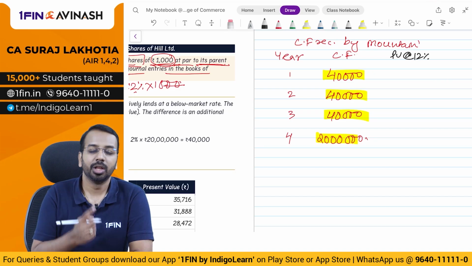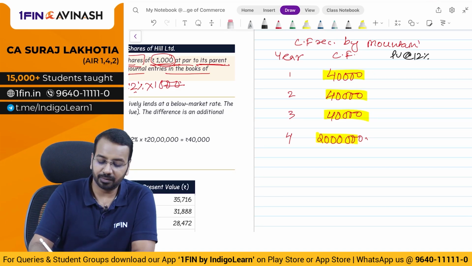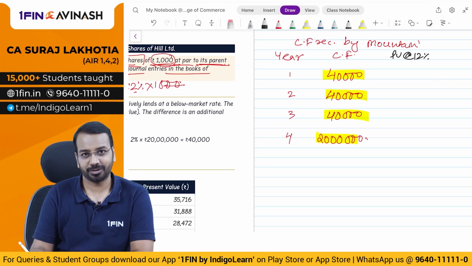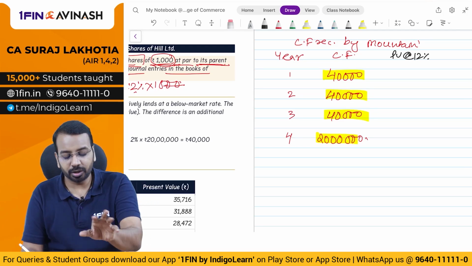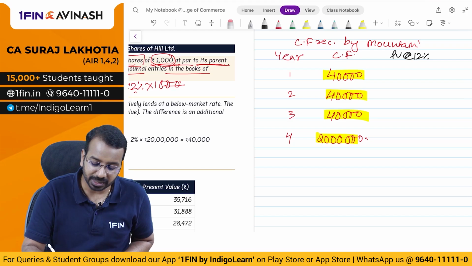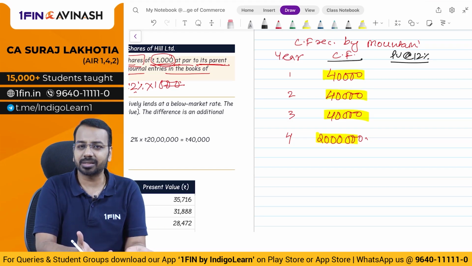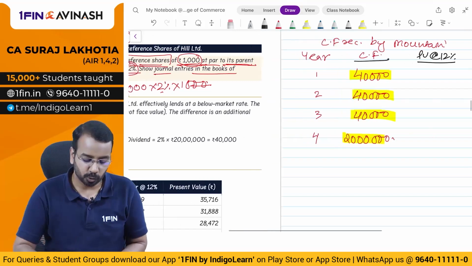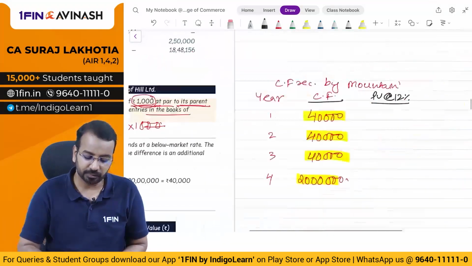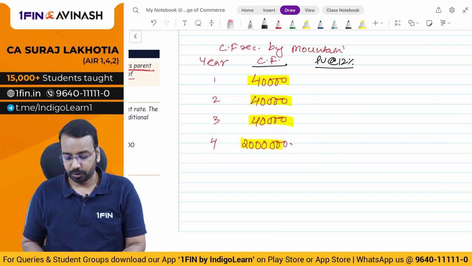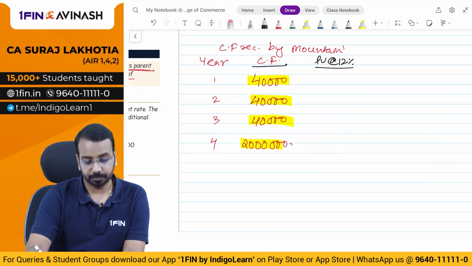When we need a 12% rate of return, we will calculate the present value of these cash flows. Think logically. If you want to earn 12%, you will see what the present value of these cash flows is at 12%. That is the amount I will invest. Beyond that, I will not invest. So, the present value factor at 12%: 1 divided by 1.12 is equal to 0.8928.